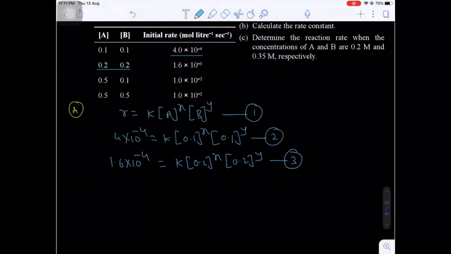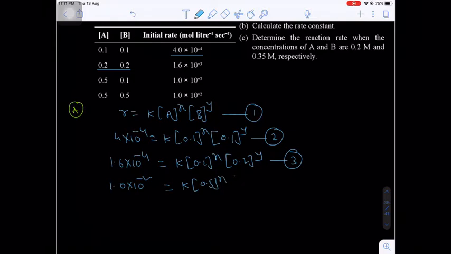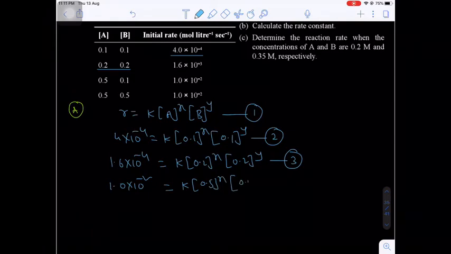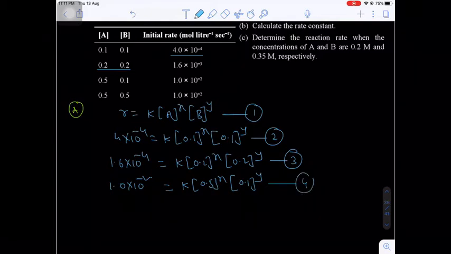Now come to the third one. What is the rate of the third one? 1.0 into 10 raised to minus 2. So you have k times, now the concentration of A becomes 0.5 molar to the power x, and the concentration of B will be 0.1 molar to the power y. Are you getting my point?